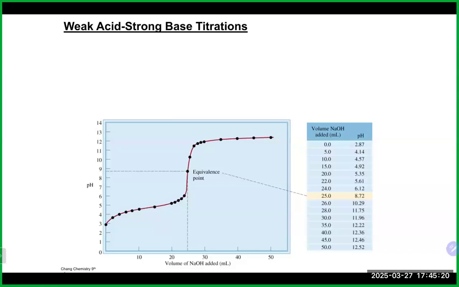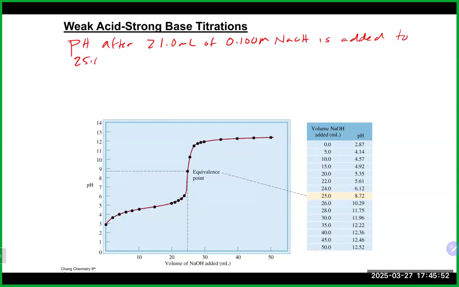So we were looking, I think, at this one right here last time when we finished up. So why don't we just do a quick little example of this one? What is the pH after, oh, let's go with 21 milliliters of 0.1 molar sodium hydroxide is added to 25 milliliters of 0.1 molar acetic acid, right?